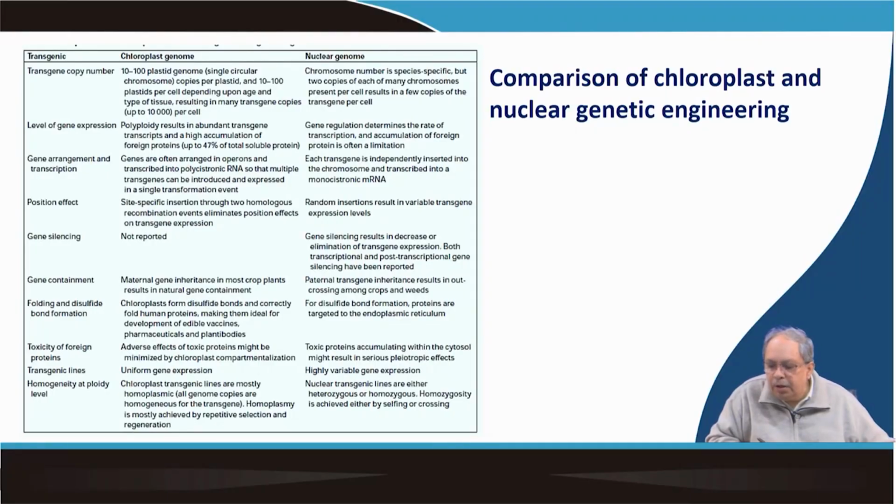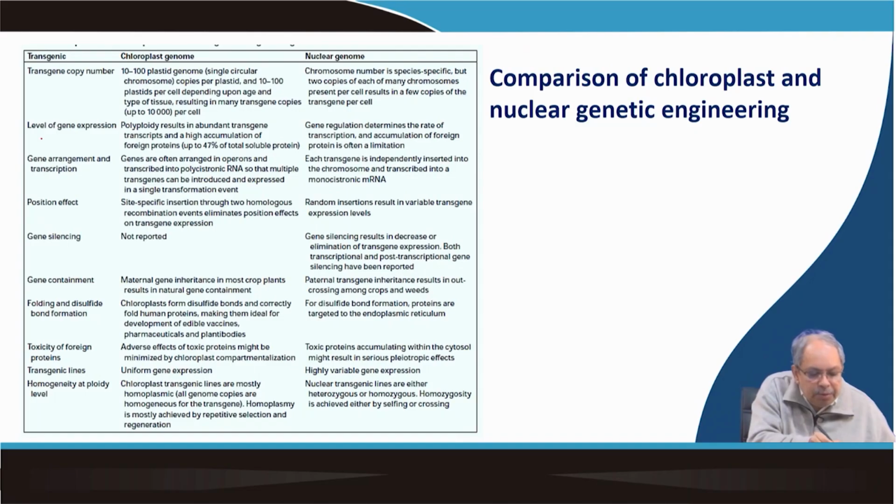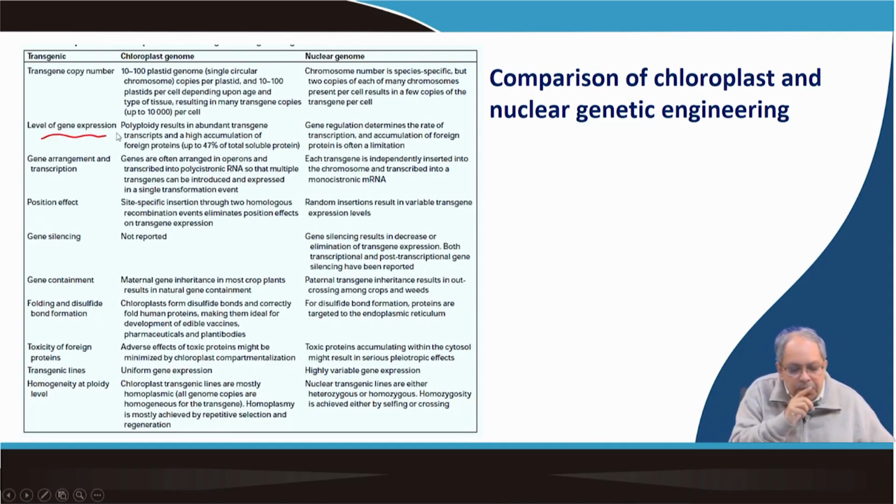Now, we compare chloroplast and nuclear genetic engineering. Okay. When you look at the level of gene expression, polyploidy results in abundant transgene transcripts and high accumulation of foreign proteins. Why is it so?